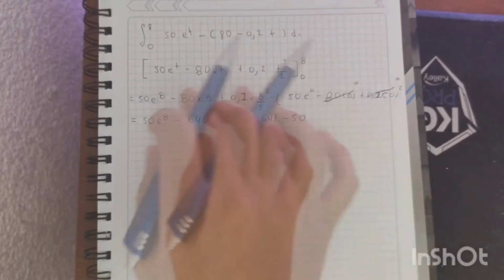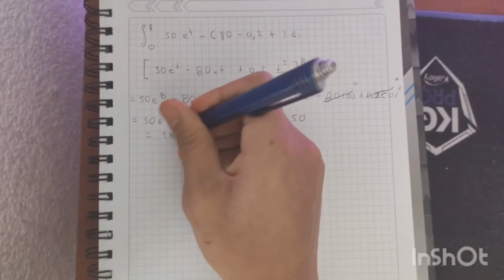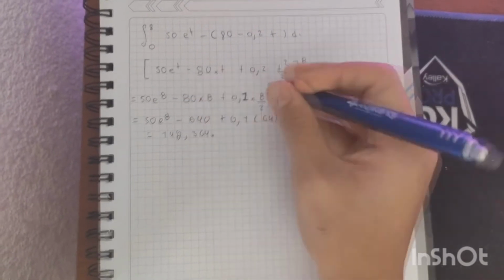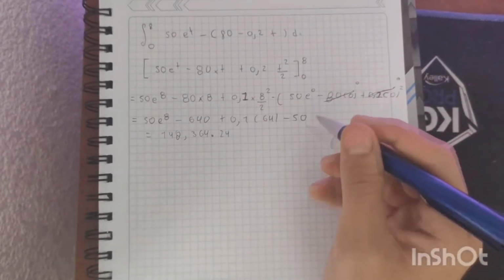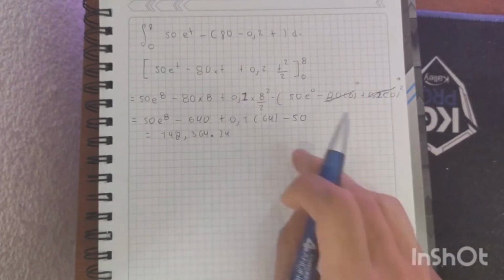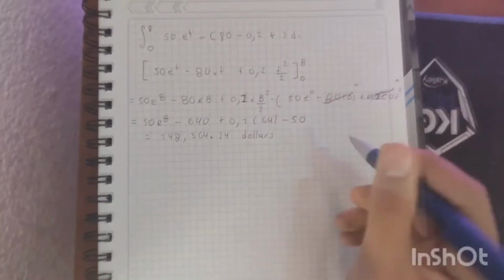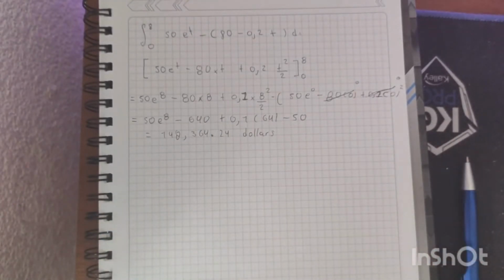The result of this operation is 148,368.2. That is the profit in dollars, and that's the final answer to the problem.